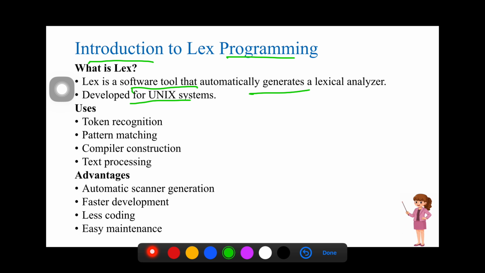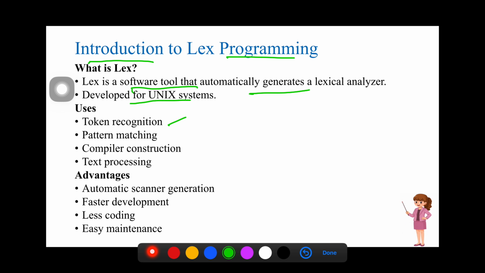Instead of writing hundreds of lines of C code to recognize the tokens, we simply write the patterns in the Lex file. Lex reads these patterns and automatically generates the scanner program. The uses: token recognition, pattern matching, compiler construction, text processing. The advantages are automatic scanner generation, faster development, less coding, easy maintenance.